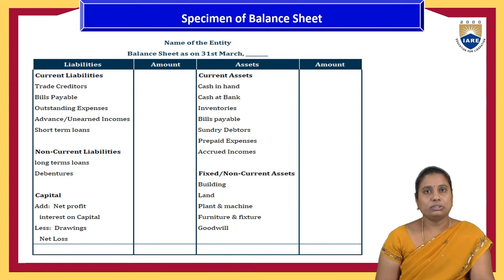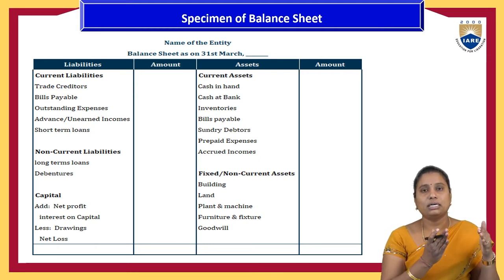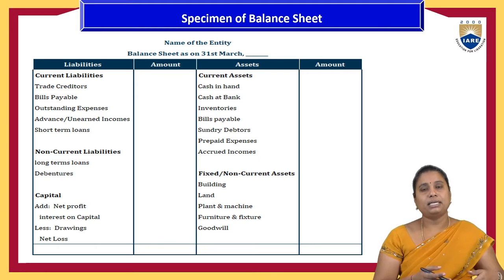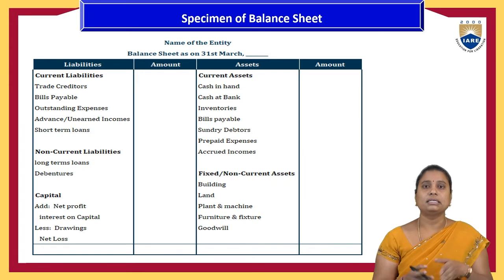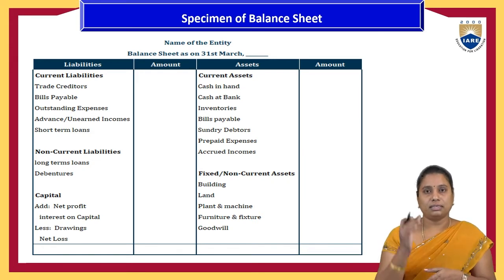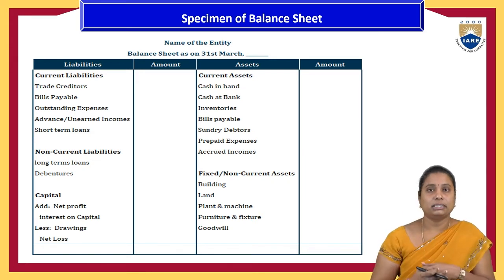Finally, the final accounts are evaluated with the verification of the assets and liabilities of the organization. Whatever the assets and capital received by the organization, and how they are transformed into assets, is verified with the help of the balance sheet. Here the accounting equation is verified, where liabilities should be equal to assets.